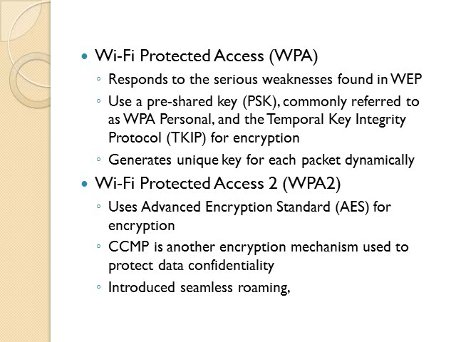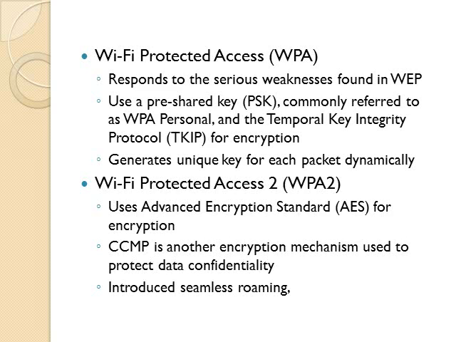The next protocol is Wi-Fi Protected Access 2, WPA2, which uses the Advanced Encryption Standard for encryption, and also CCMP, which means Counter Mode Cipher Block Chaining Message Authentication Code Protocol, that protects data confidentiality by allowing only authorized network users to receive data, and it ensures message integrity as well.